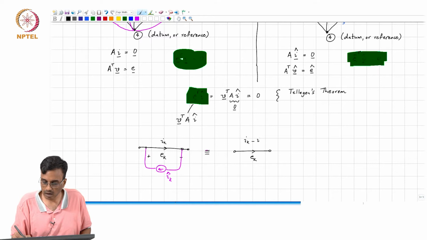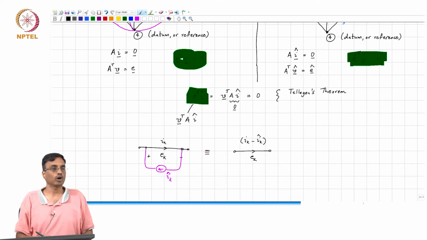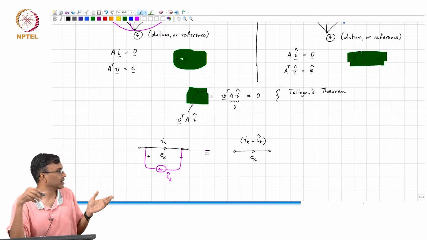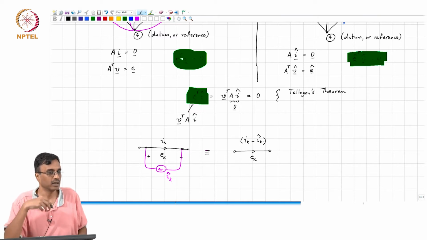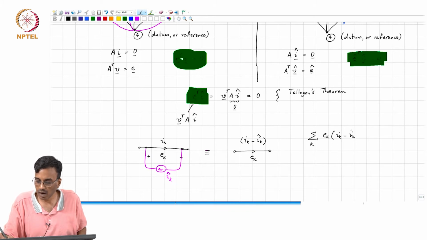Ik minus Ik hat. So, what comment can we make about the instantaneous power in the entire network? It is simply the sum over K of Ek times Ik minus Ik hat.